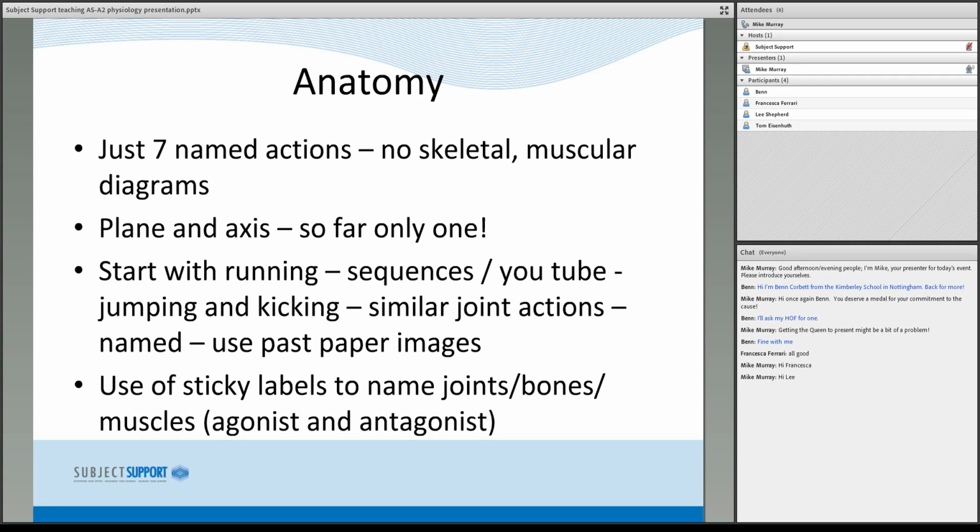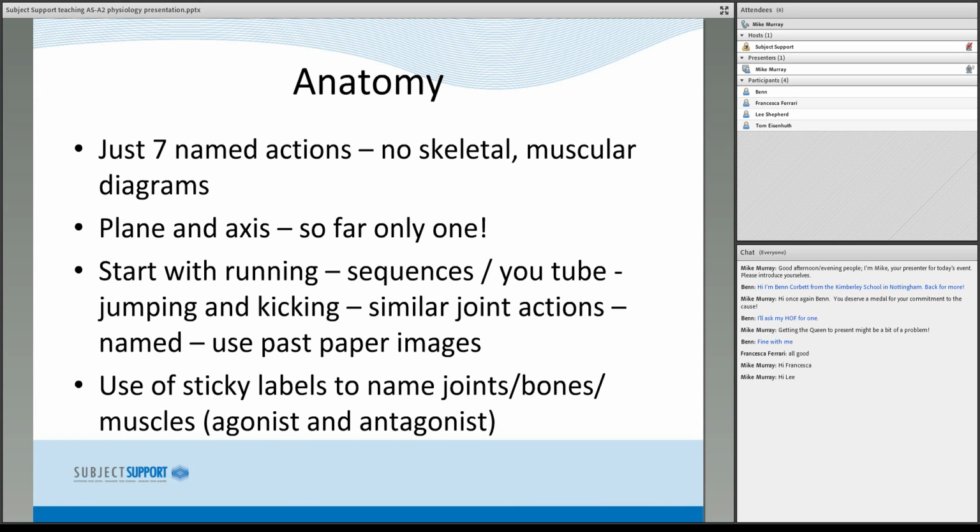The spec also talks about planes and axes. That second bullet point is quite important, because the vast majority of those movements, the running, the jumping, the kicking, the squats, and to a certain extent the press-ups, are all done in the same plane and axes.